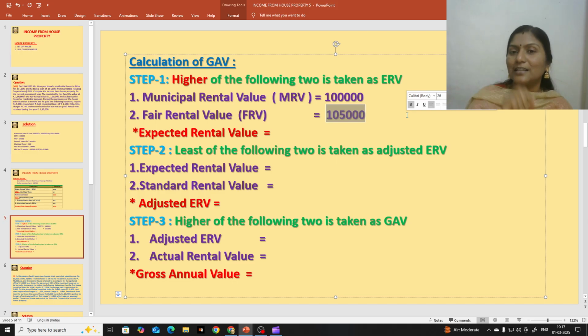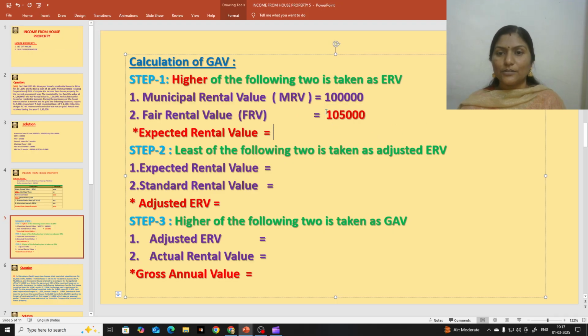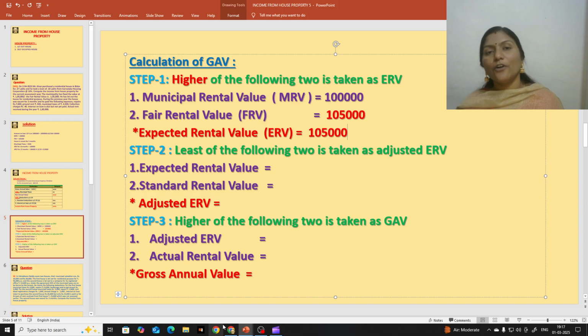By drawing a circle around 1,05,000. Here I am going to change the color of that. So I selected 1,05,000, and we name it expected rental value. Short form is ERV. So what is ERV here? 1,05,000 is ERV. So in the first step we found out ERV.